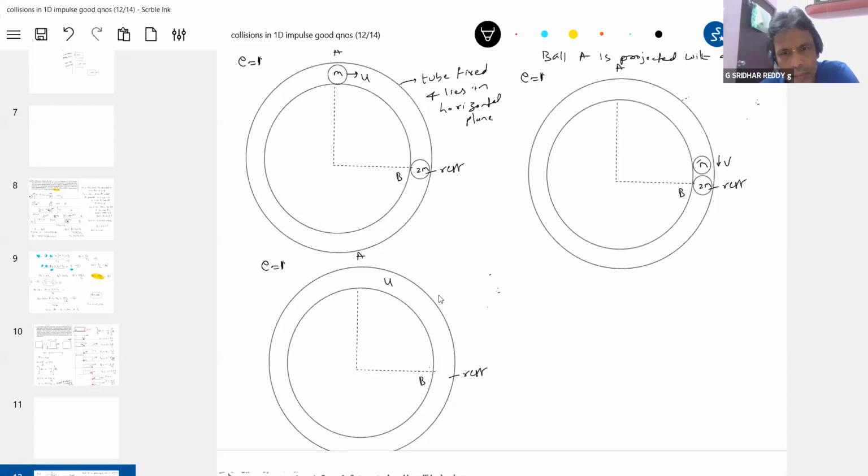So what do you expect after collision? This will have speed v1, this will have speed v2. Can we calculate that v1 and v2? Yes, by applying conservation of momentum and the coefficient of restitution formula.